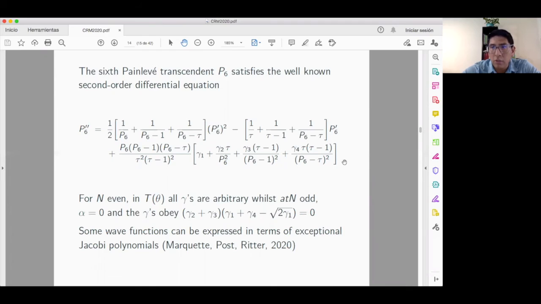So they take this rational solution, substitute it in the potential, and solve the Schrodinger equation. And the angular part leads to these exceptional Jacobi polynomials. And it was obtained using a cubic algebra. So it's known in that case, but of course not the algebra.